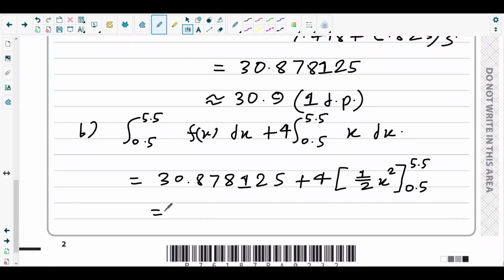So what you will get is 30.878125 plus 4 times half of x squared.